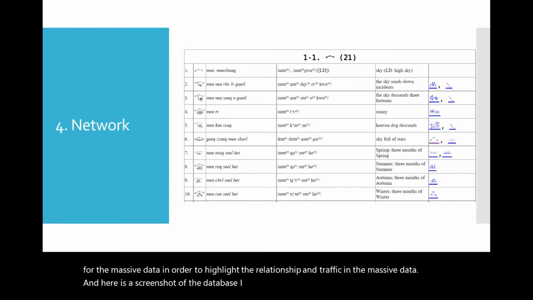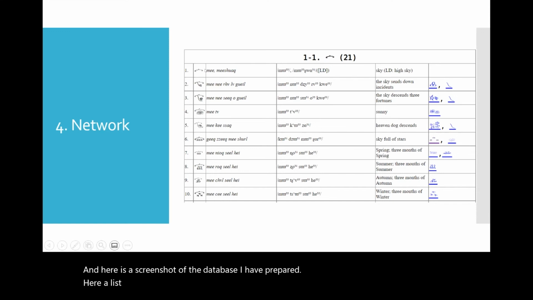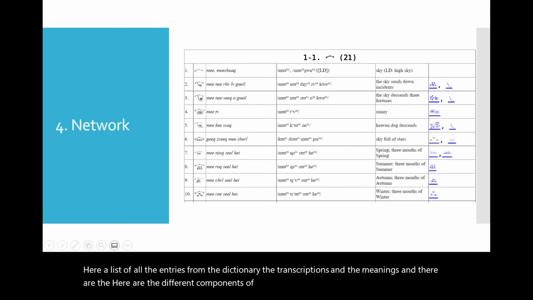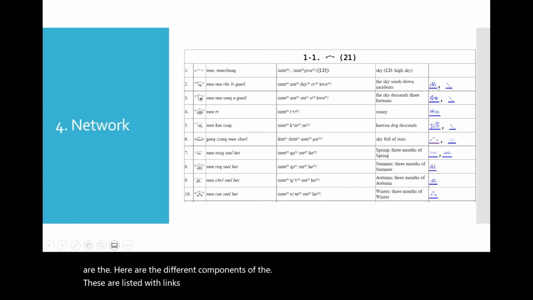Here it lists all the entries from the dictionary, the transcriptions, and the meanings, and the different components of the glyphs are listed with links to the corresponding classes of glyphs.